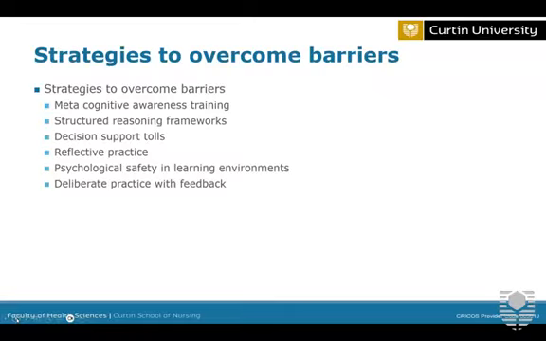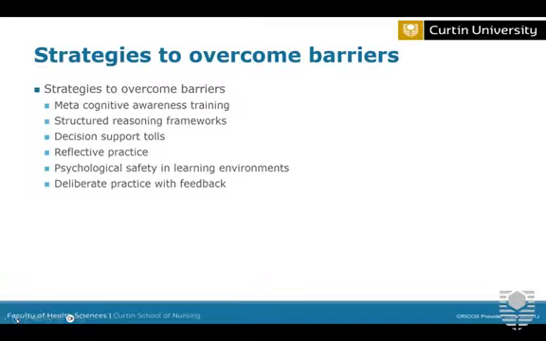So ways that we can actually overcome barriers is to apply metacognitive awareness training. And so this is your metacognitive processes, this is your thinking processes. So if you have opportunities to actually do some awareness training sessions, I would strongly encourage you to do that.